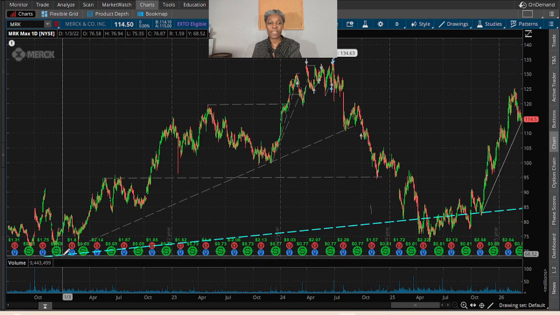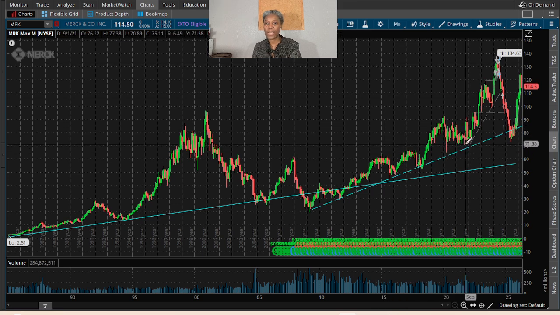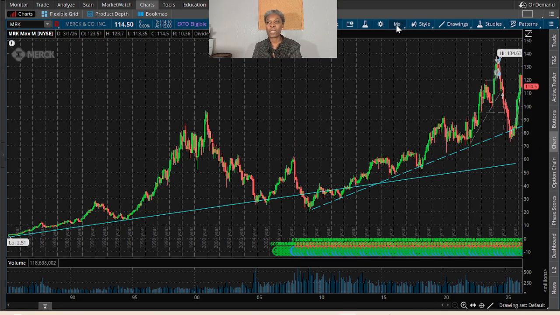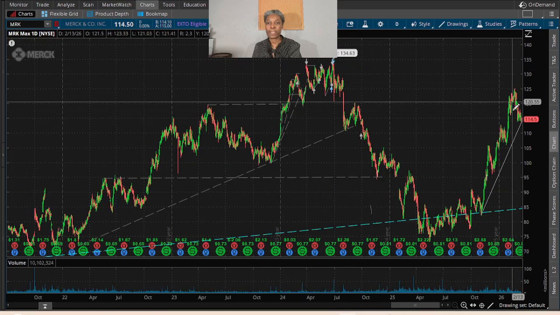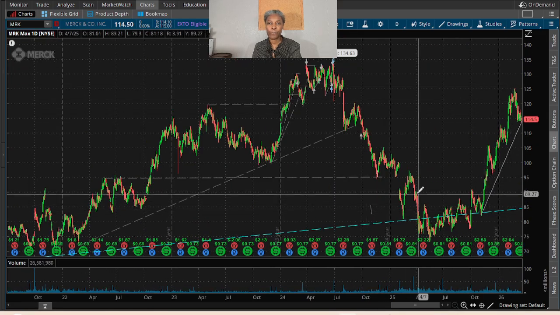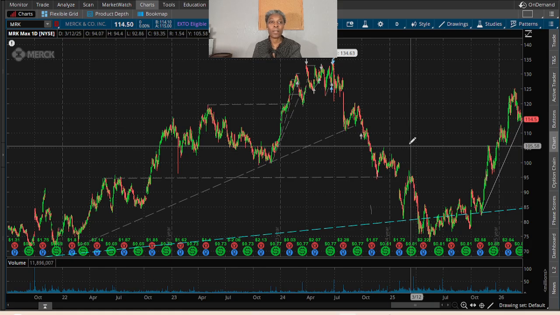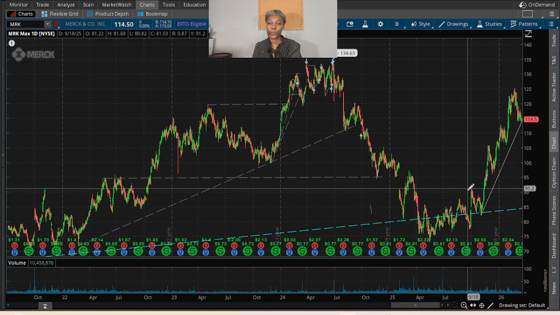I'm not seeing when it started. That's why I will go to the maximum monthly chart to see where it started, because I couldn't clearly see it there. So I constantly use the monthly chart for that, but I make my buying and selling decisions on a daily chart. So that for me is the difference between swing trading and day trading.